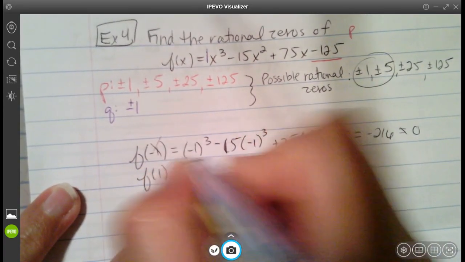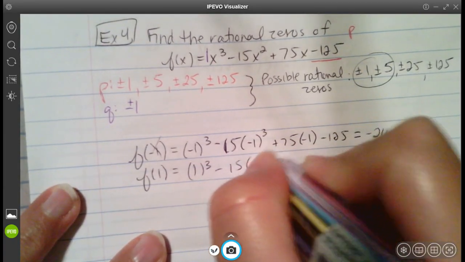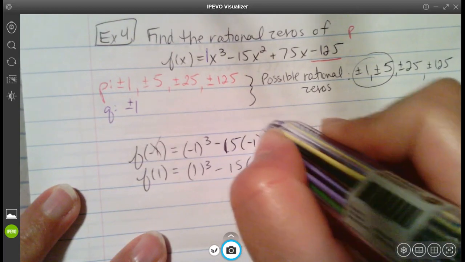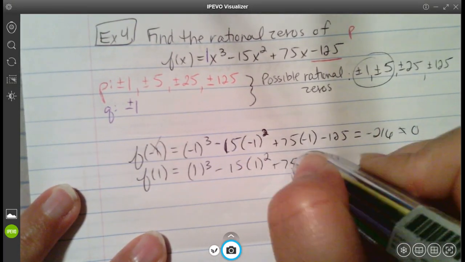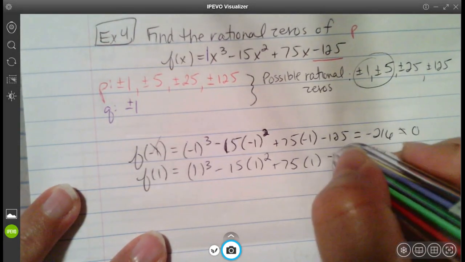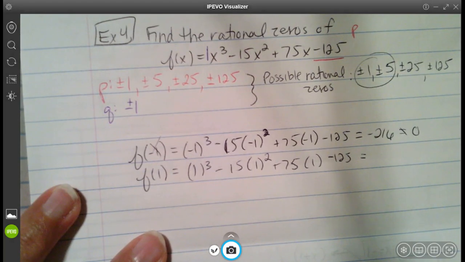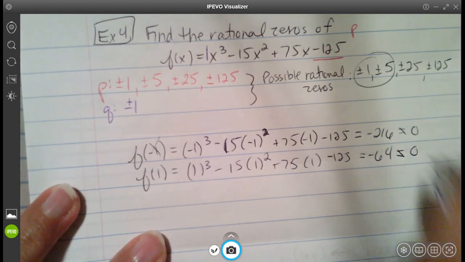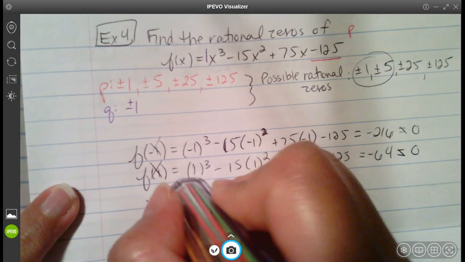Let's try f of 1, same deal. 1 cubed minus 15 times 1 squared. Oh, I should have put a squared here. I'm sorry, guys. Plus 75 times 1. And I did pre-calculate these, by the way, just because they're bigger numbers, so I didn't want to take too much time doing them live. So this one's going to come out to negative 64, which again is not equal to 0. Okay, f of 5.